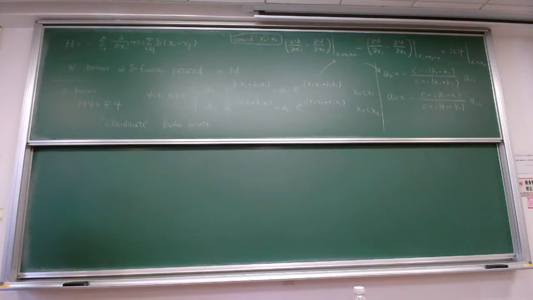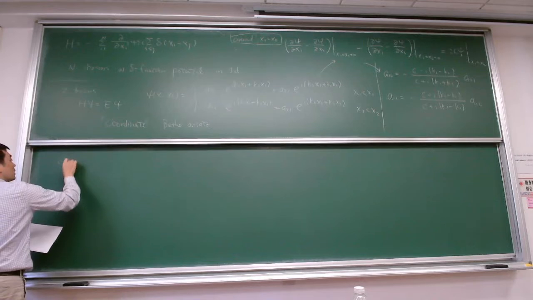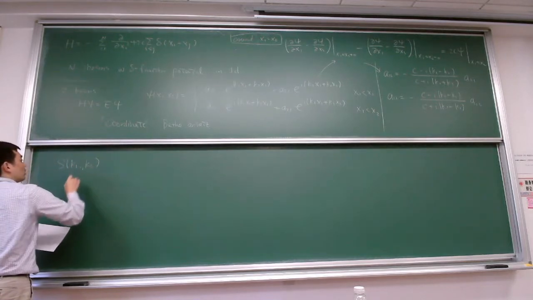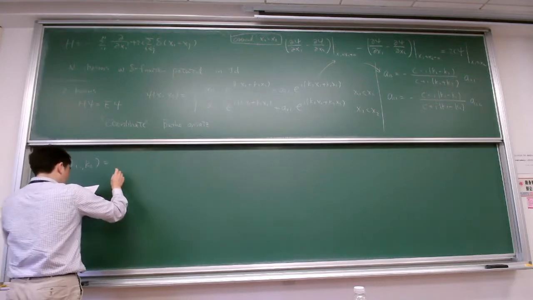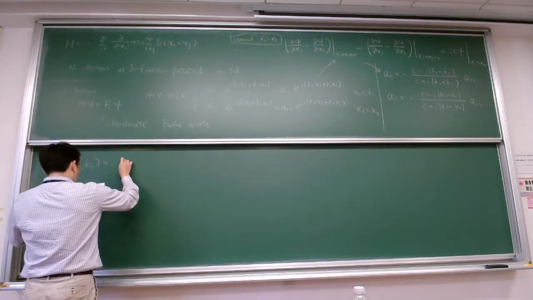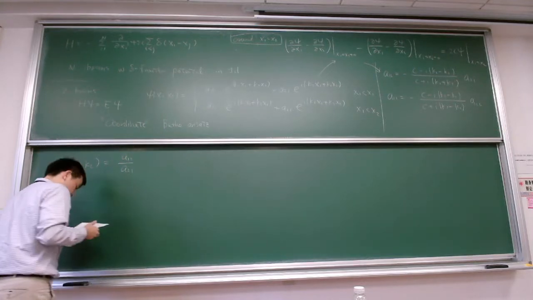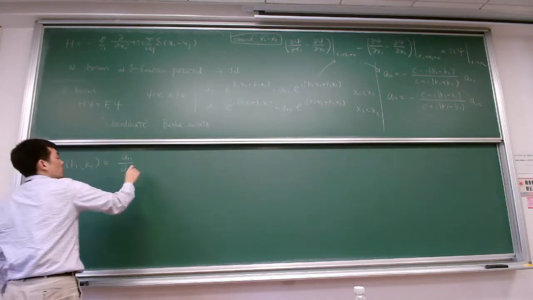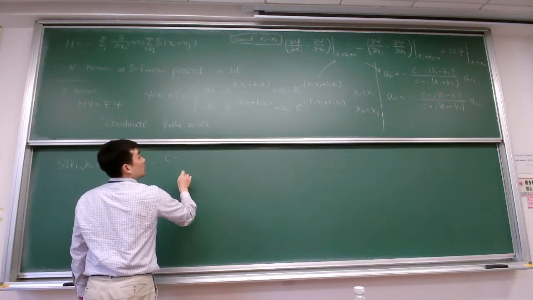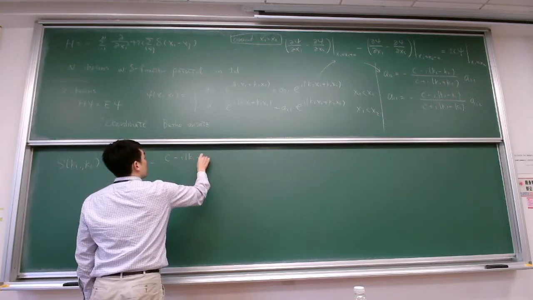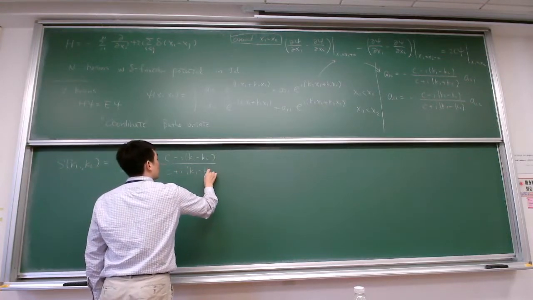Now, last time I don't know which notation I used, but here I use S(k1, k2). The scattering amplitude is indeed a ratio between A12 and A21. So this is equal to minus C minus i (k1 minus k2) over C plus i (k1 minus k2).